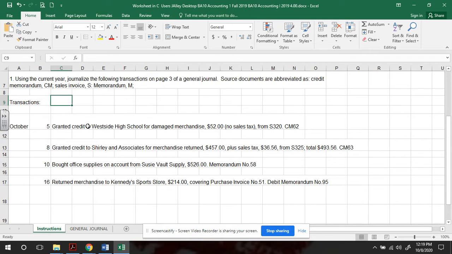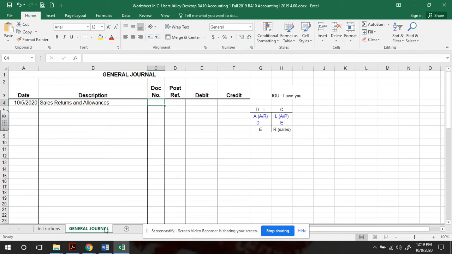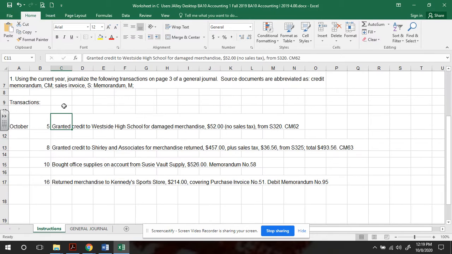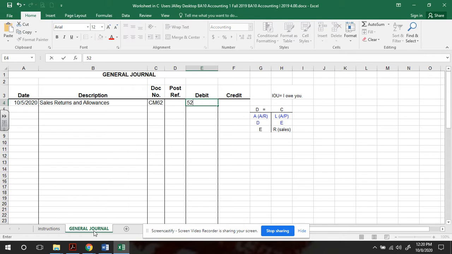This document, it says, is CM62. See it right here? And that stands for Credit Memo. Credit Memo 62. And the dollar amount for this is just $52. There's no sales tax, so $52.